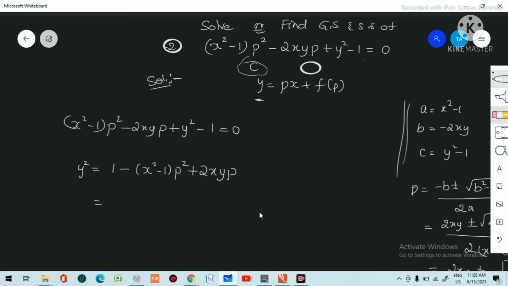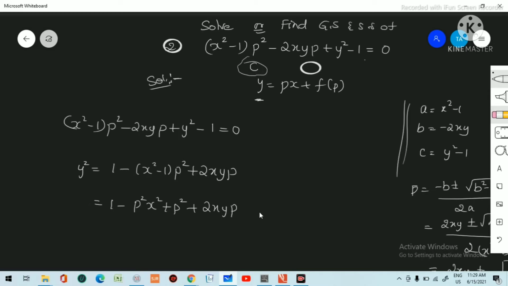Just check. I am keeping y square on the left hand side, and the rest of the terms I am shifting to the right hand side. Is it correct? Yes, sir.